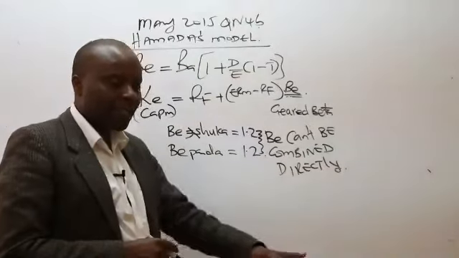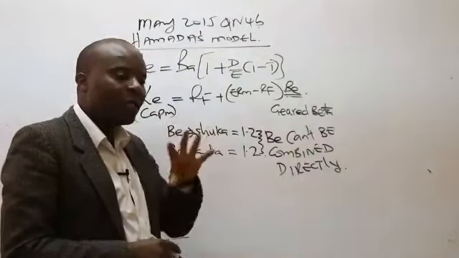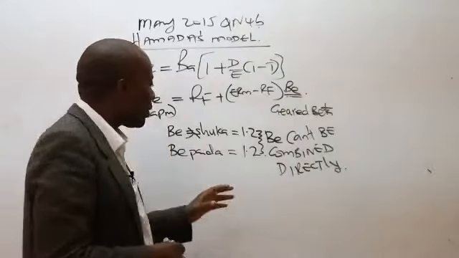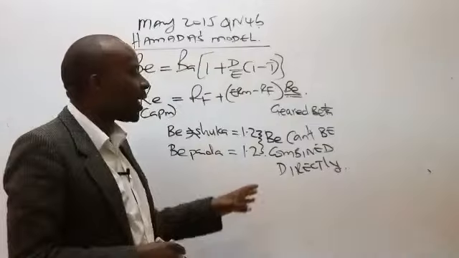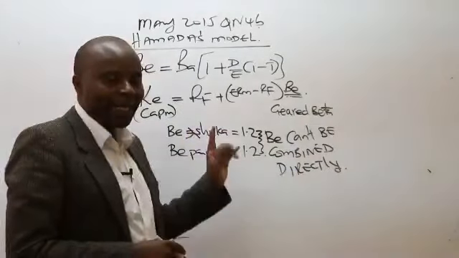I'm repeating this as a chorus. There is nothing that you can talk about, even weighing them, putting weights before them. Beta equity can never be combined directly.